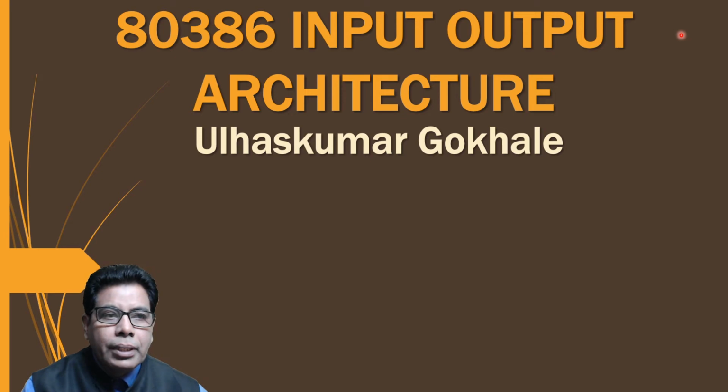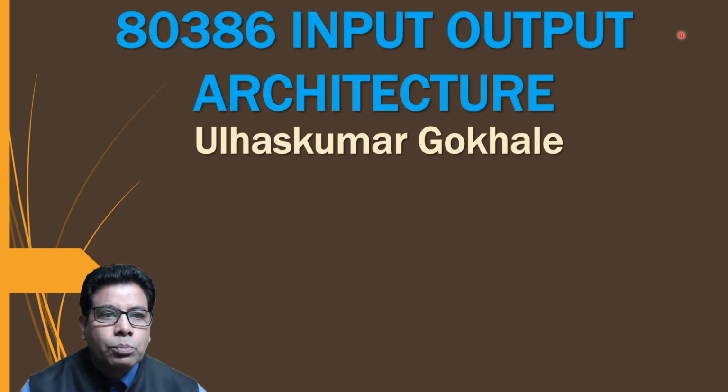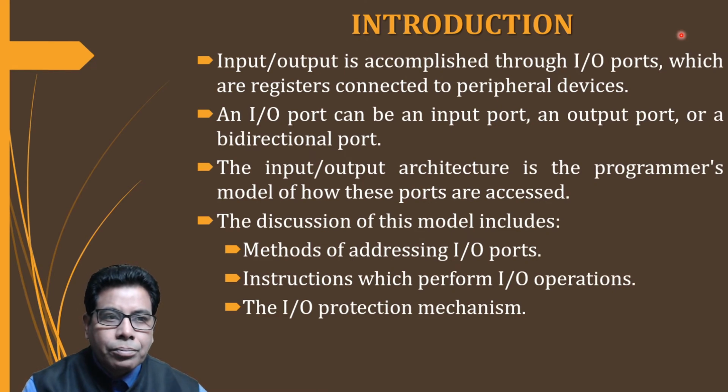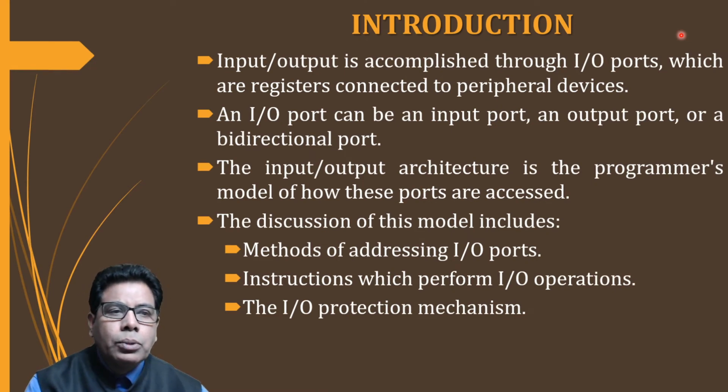The topic for today is 80386 input output architecture. Let us start with the introduction. Input and output are accomplished through IO ports. So IO ports are nothing but registers which are connected to the peripheral device.